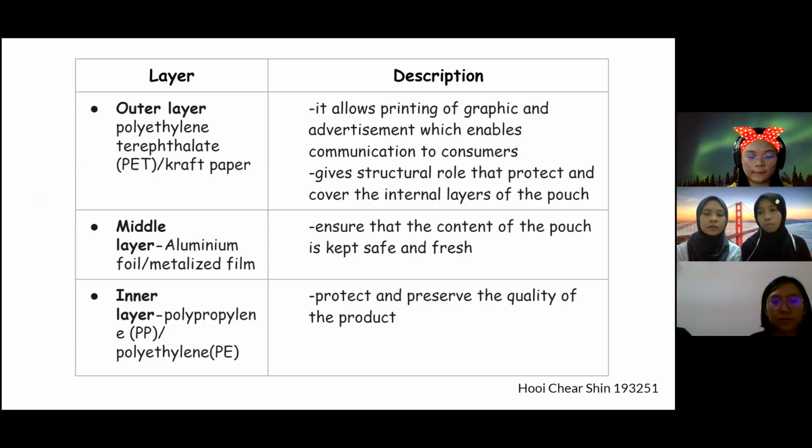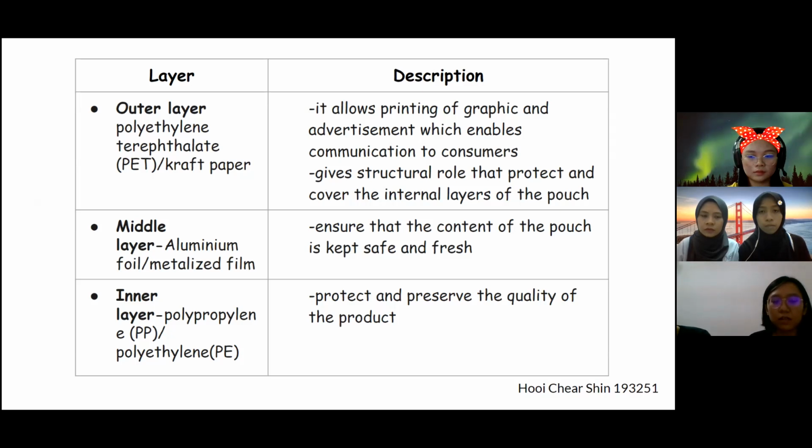For the outer layer, there are a few materials that can be chosen, which are polyethylene terephthalate (PET) and kraft paper. The outer layer allows printing of graphics and advertisement, which enables communication to the consumer. Most importantly, it gives a structural role that protects and covers the internal layers of the pouch.